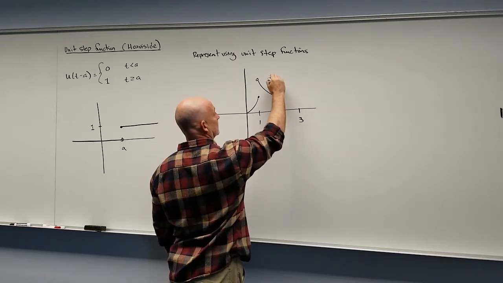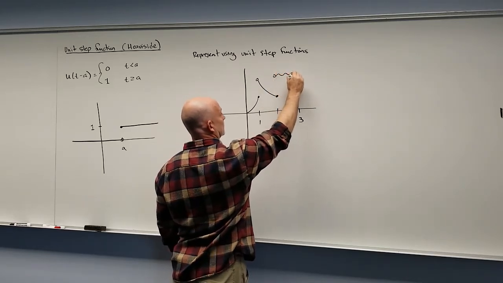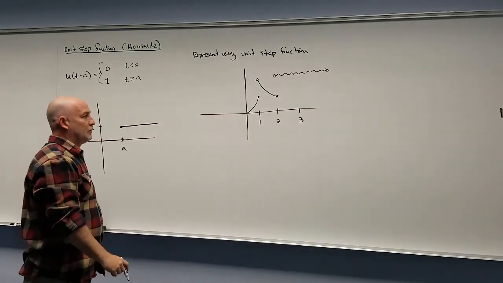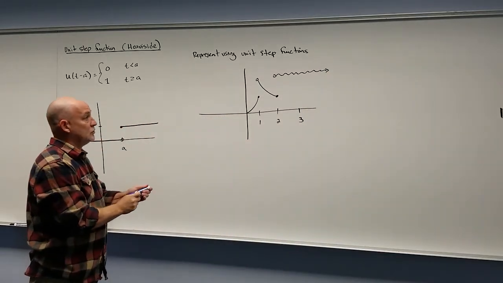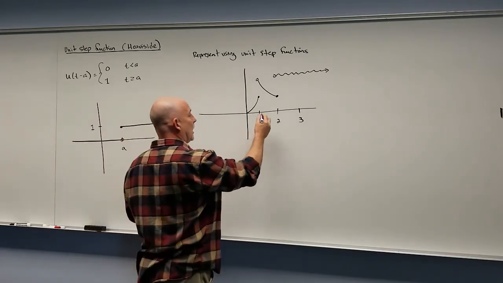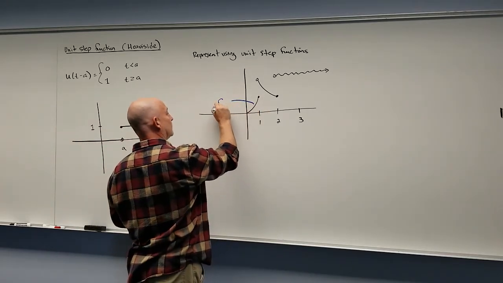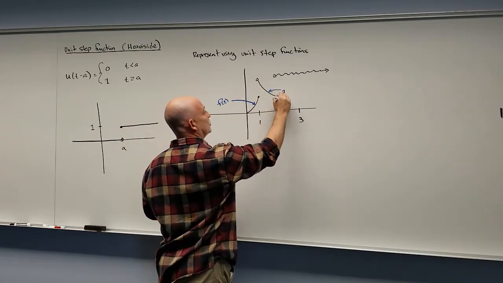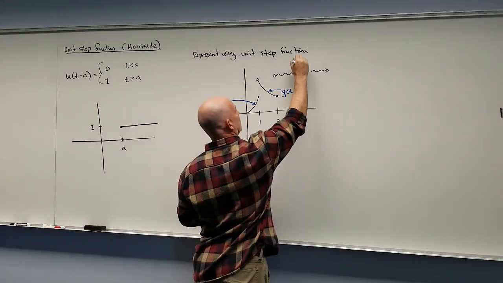Okay, let's say that these are our 3 pictures, and I want to represent this mess using our step function. So first off, I have to actually know what these functions are. So let's call the first one f of t. Let's call the second one g of t, and the wavy one up here h of t.